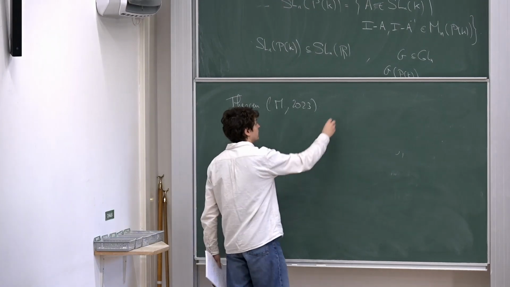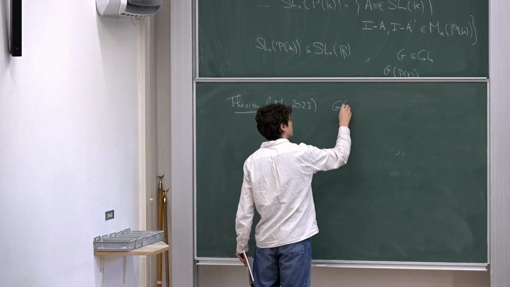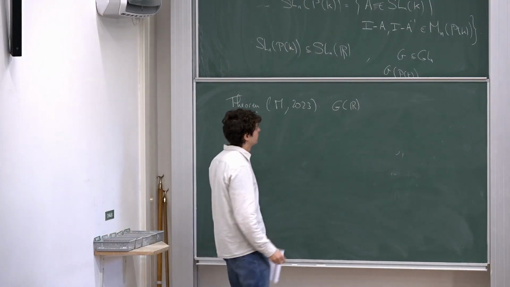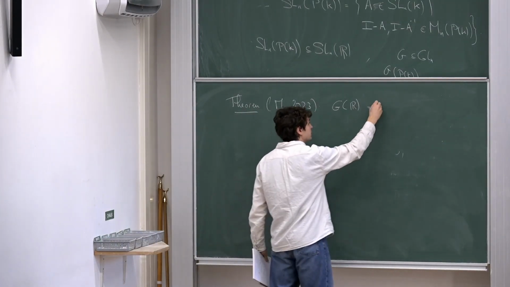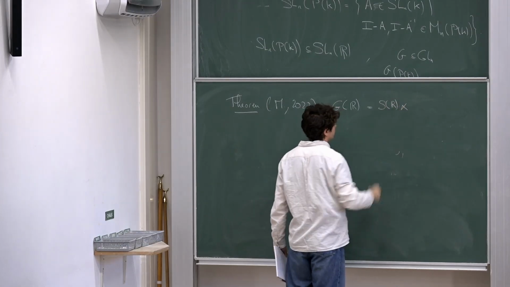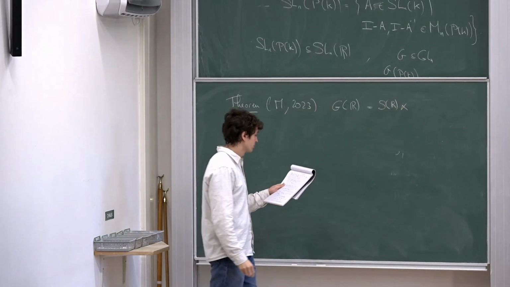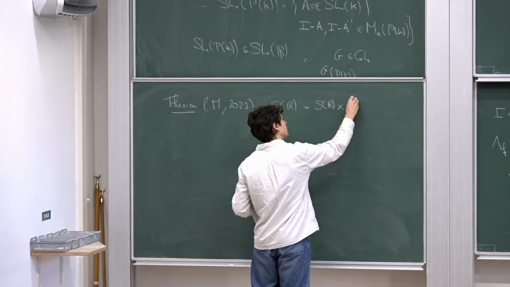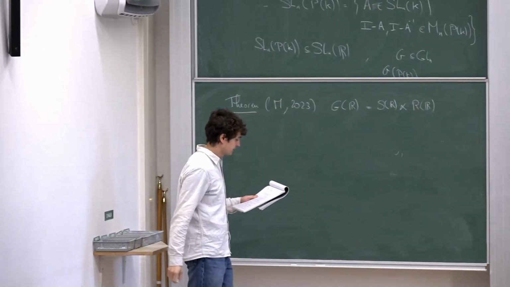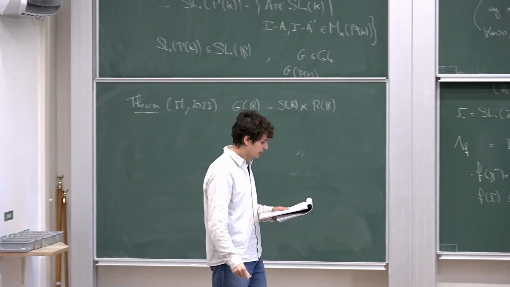In the case where my group G is the R points of a linear algebraic group, it's the semi-direct product of some semi-simple group with a solvable group. So I'm making a slight assumption here, but it's not a necessary one, it's just for convenience.